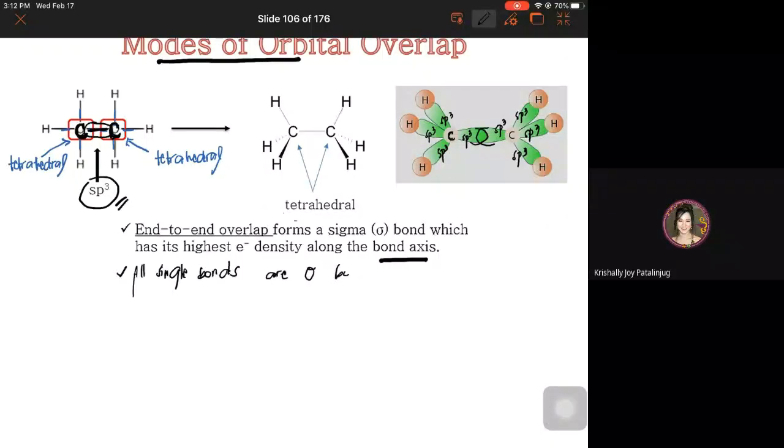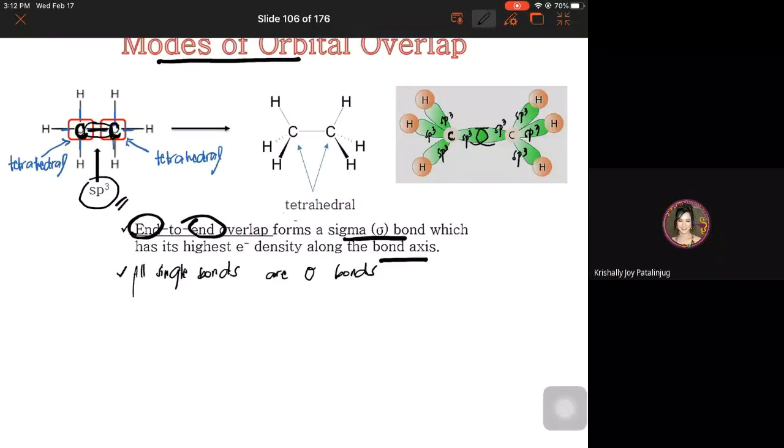That means every single bond that connects two atoms together is a sigma bond. A sigma bond is formed via end-to-end overlap, where the end of one orbital overlaps with the end of the other orbital of an atom.